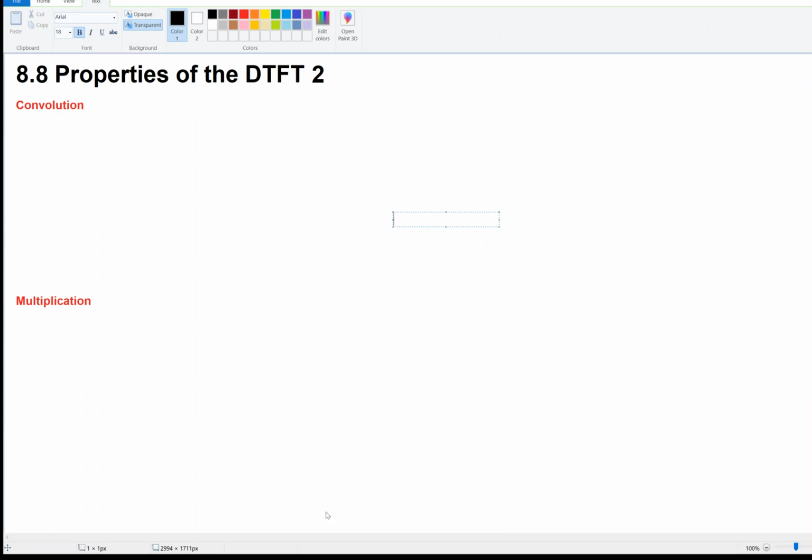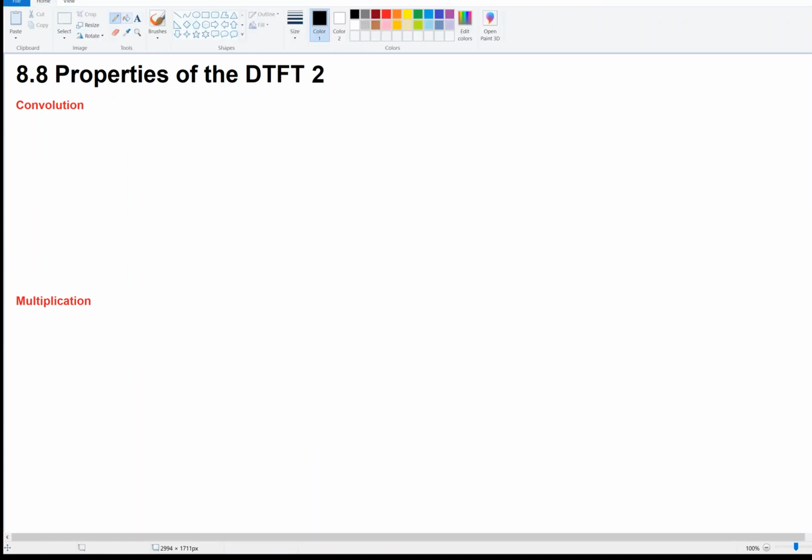Let us continue. All right, so the next up on the list is the convolution property. The convolution property says the following.